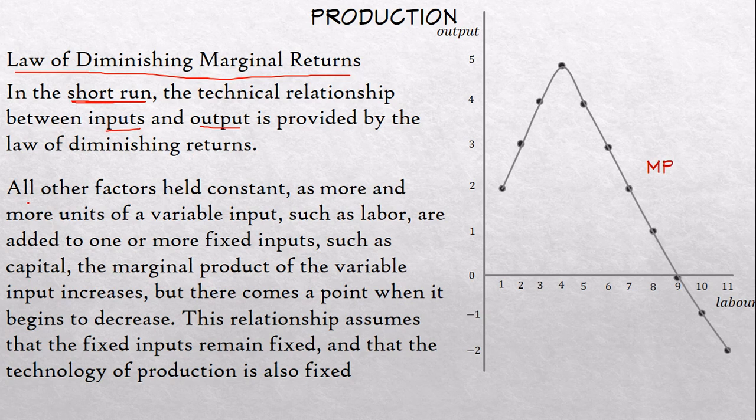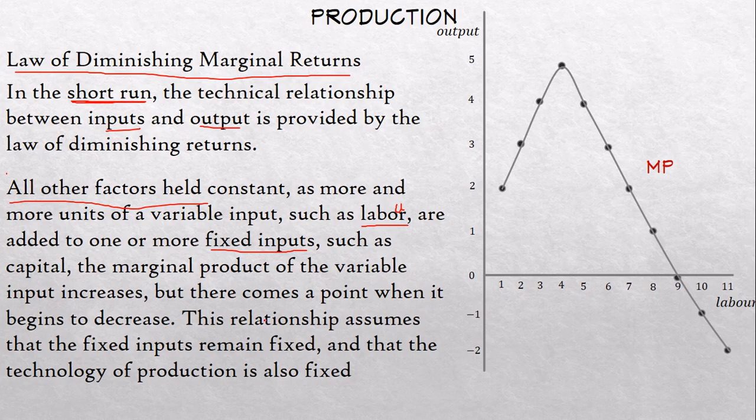So let me state the law over here. The law says that, all things being equal, or all things held constant, as more and more units of variable input, such as labor, are added to one or more fixed inputs, such as the capital, the marginal product of the variable input increases, but there comes a point when it begins to decrease.